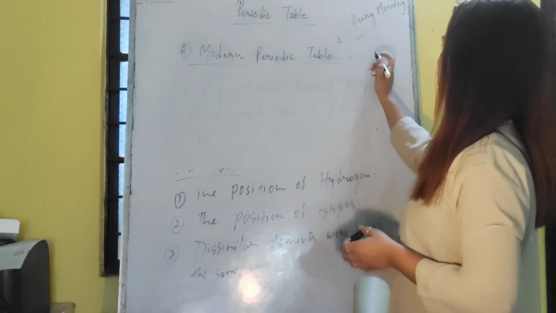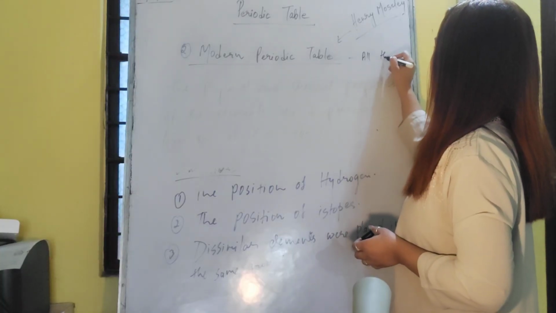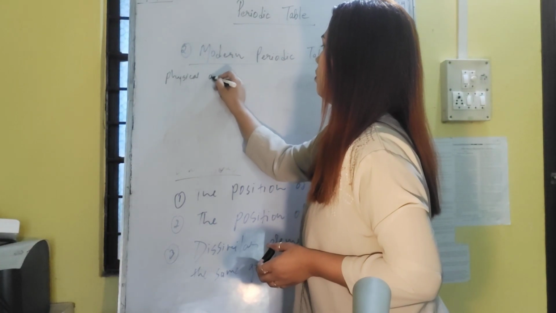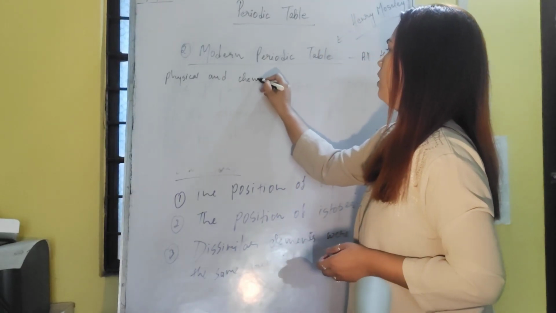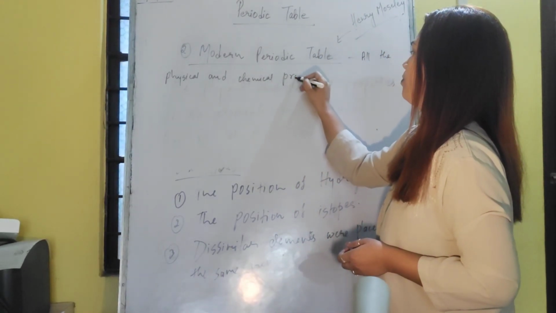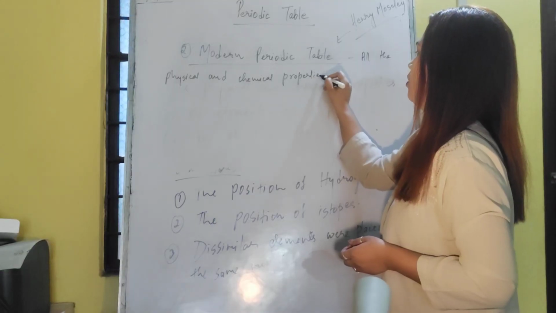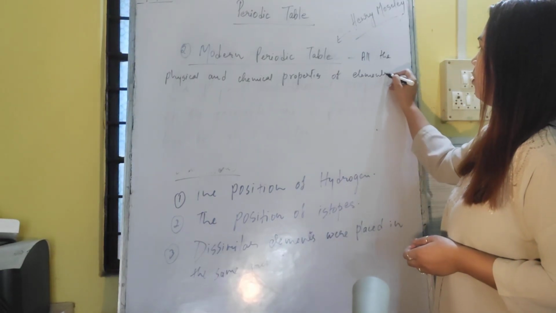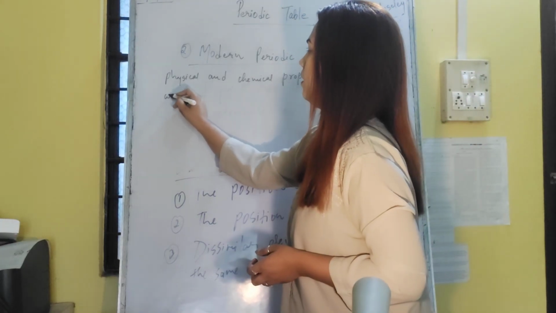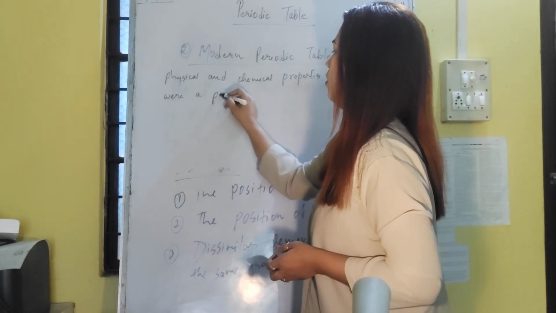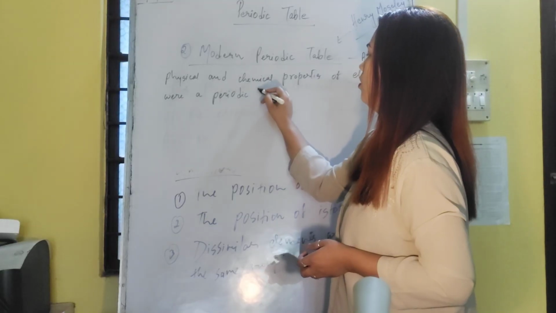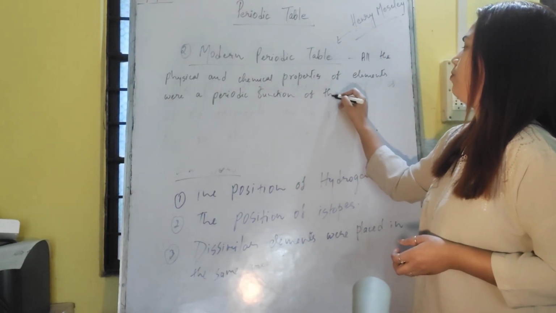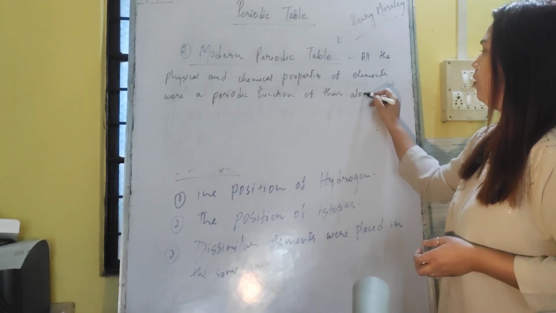So the statement came as: all the physical and chemical properties of the elements are a periodic function of their atomic number.